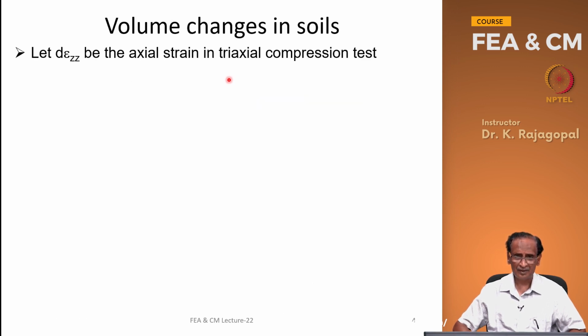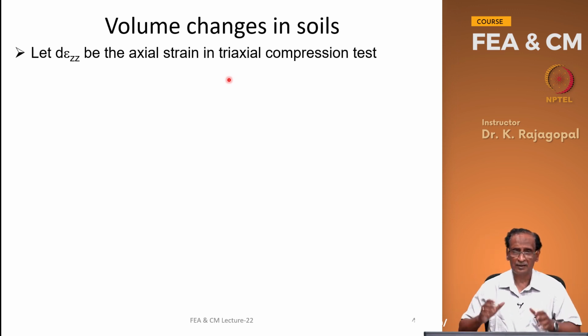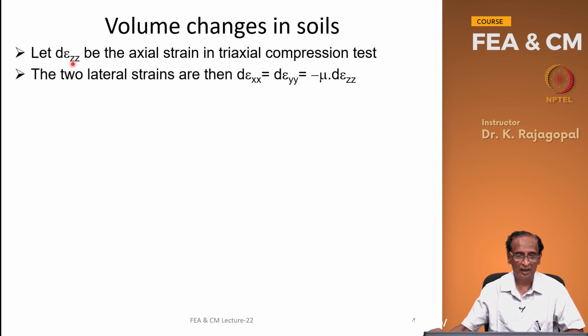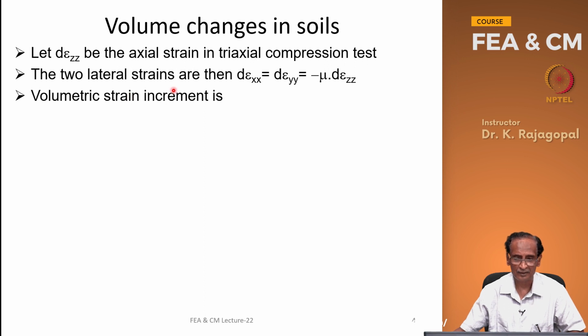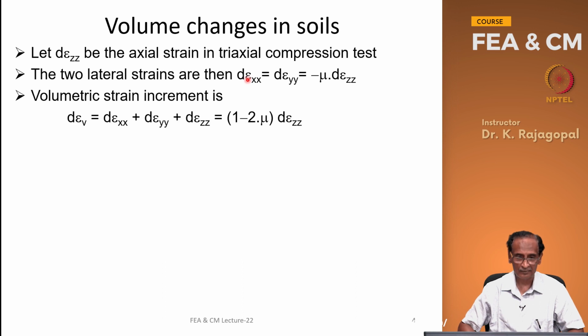And then what are the volume changes? Let us think of our triaxial compression test, because that is the simplest stress state that we can imagine. Let us say that we have applied an axial strain increment of d epsilon zz, and the two lateral strains in the x and y directions could be written as minus mu times d epsilon zz, and the volumetric strain increment is the sum total of all the three normal strain increments.